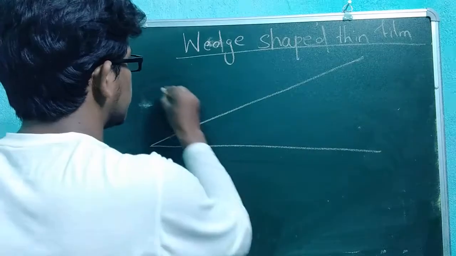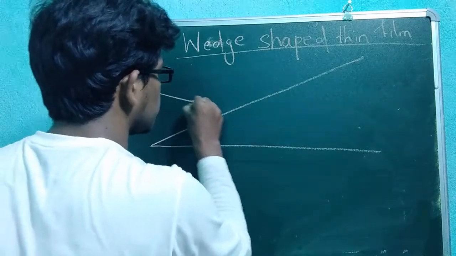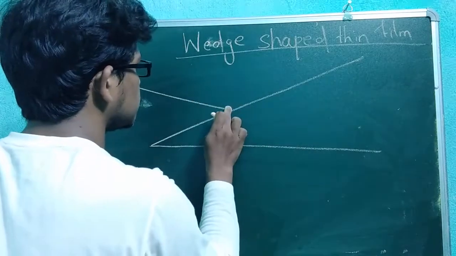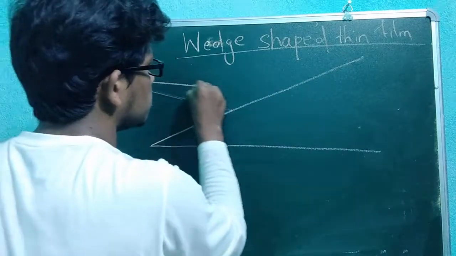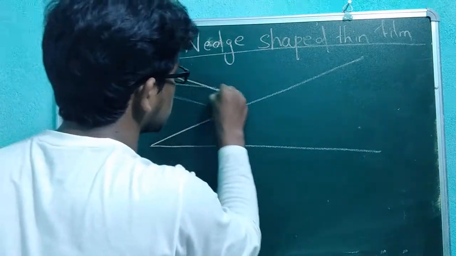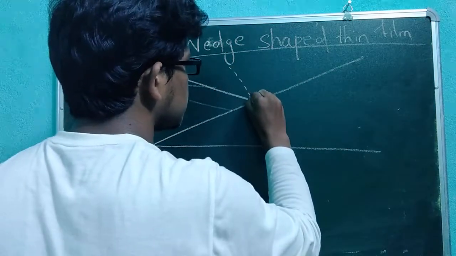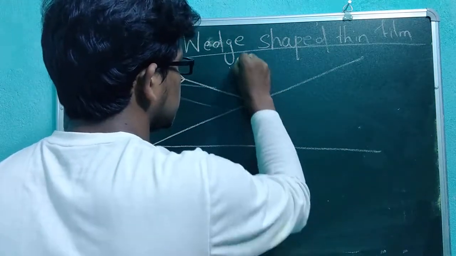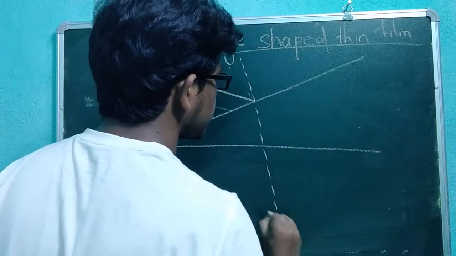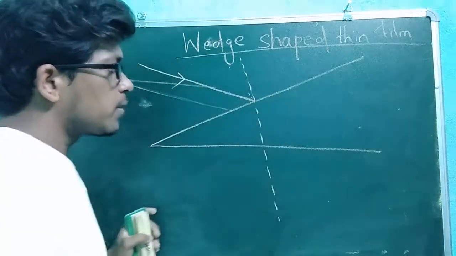Fine. Suppose one monochromatic light source is coming here. I'll keep it higher up so it is clearly visible, and it will meet a normal like this. So, what is the theorem?